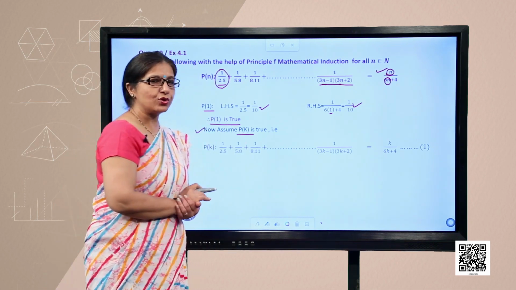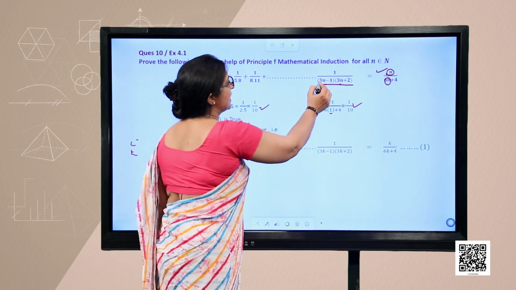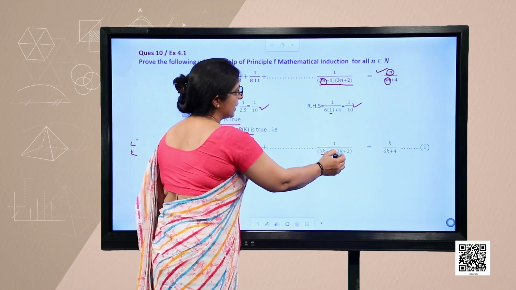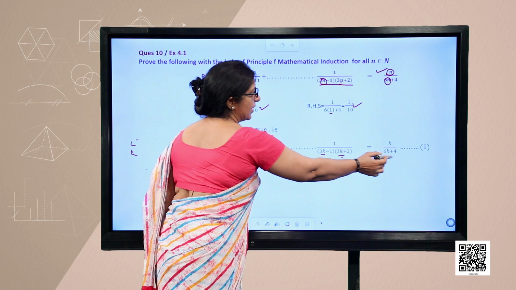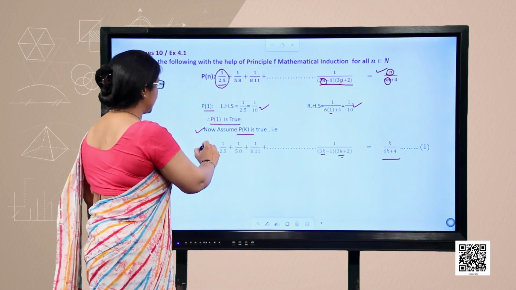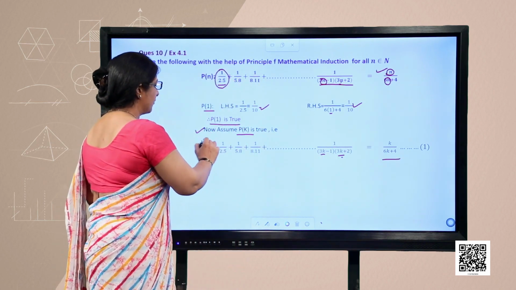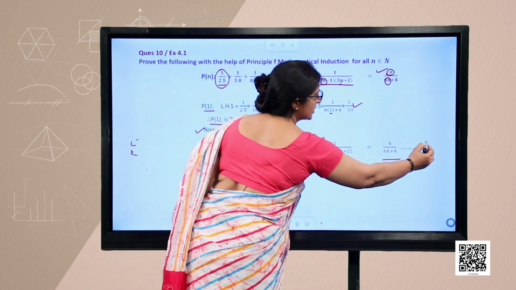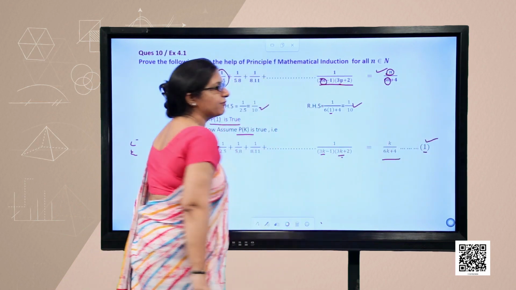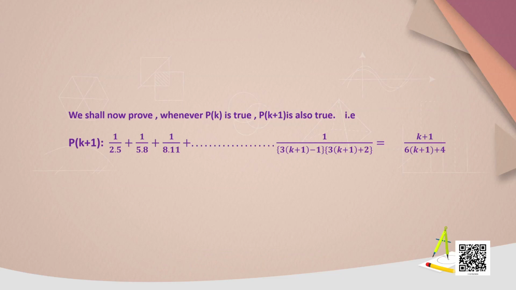As the next step says, after P1, we assume Pk is true. What are we required to do here? We will just replace n by k in each step, and this becomes the statement for Pk, which we name equation 1. We will be using it further for proving the statement. We shall now prove whenever Pk is true, Pk+1 is also true.